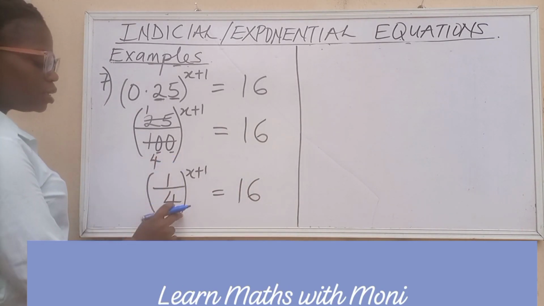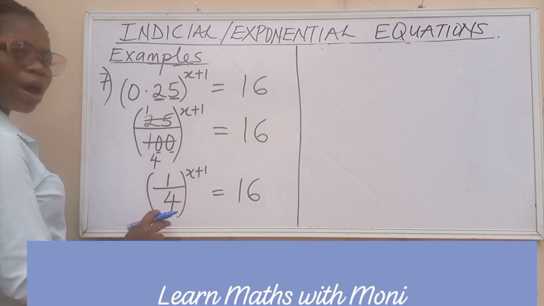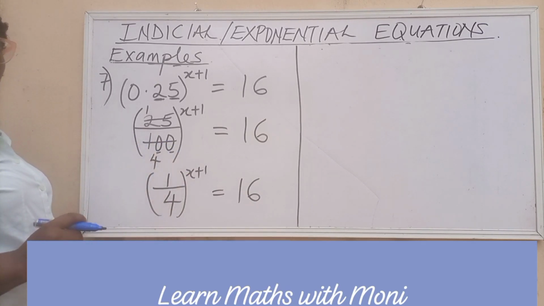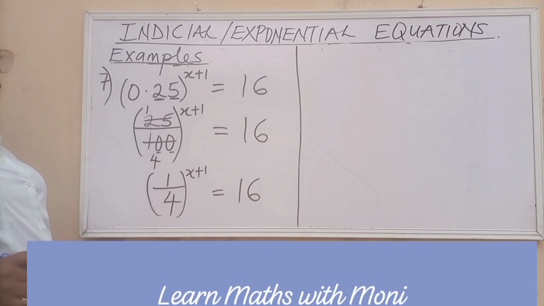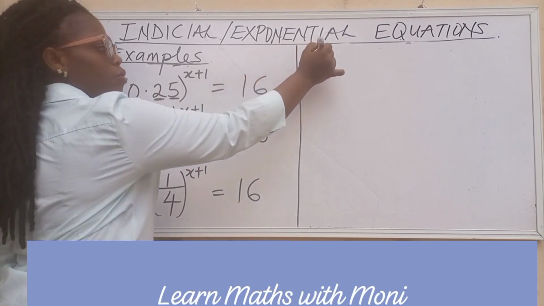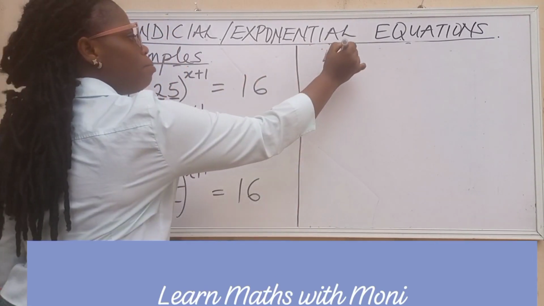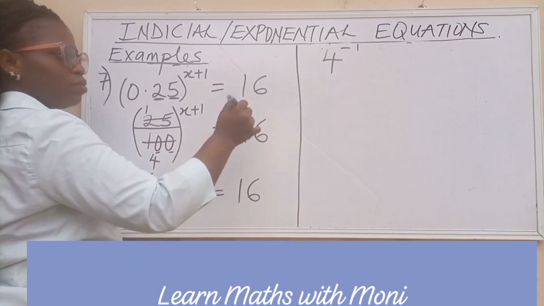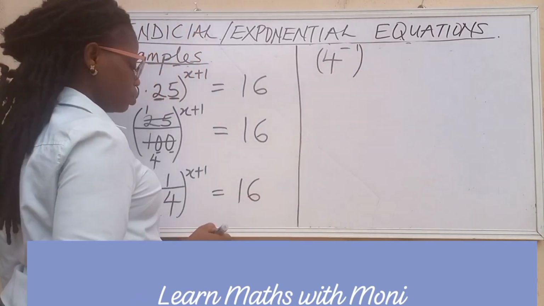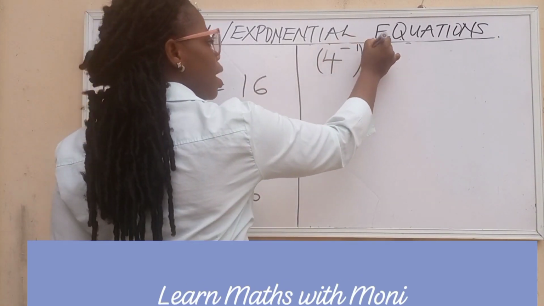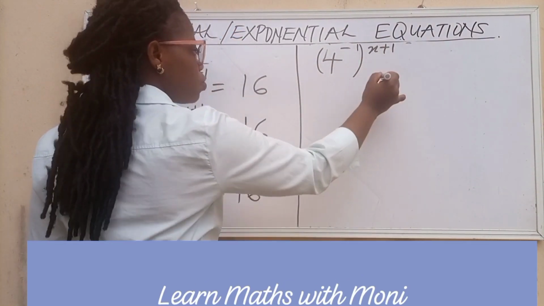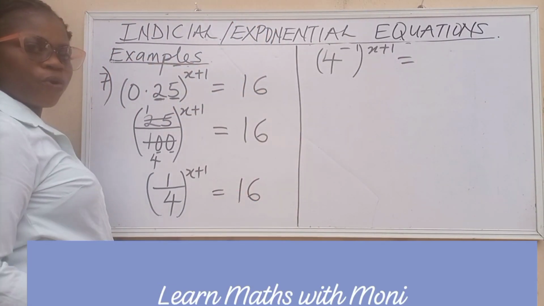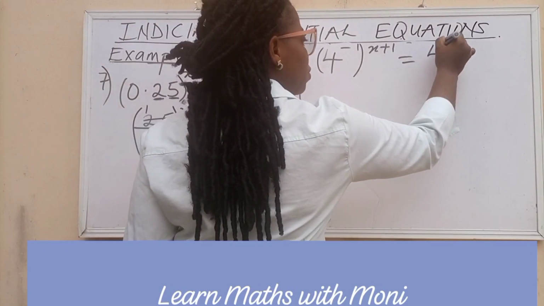I'll be using the negative power law or the inverse law to convert this to a power of 4. That is 4 raised to power minus 1 because of the inverse. 4 raised to power minus 1, all raised to power x plus 1 equals to, I will write this also as a power of 4. That is 4 raised to power 2.